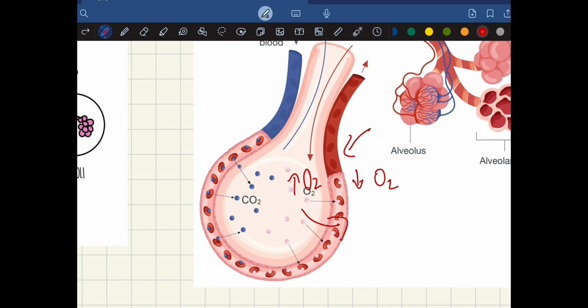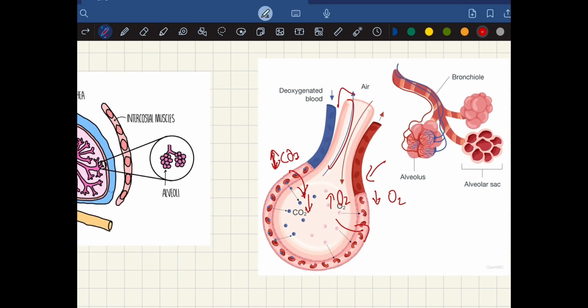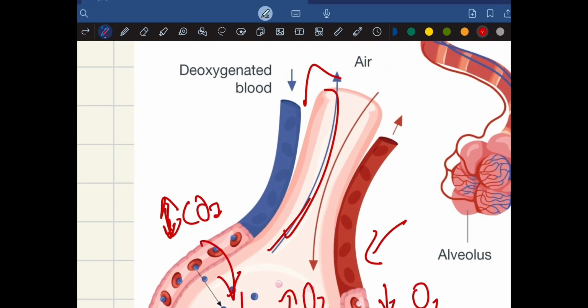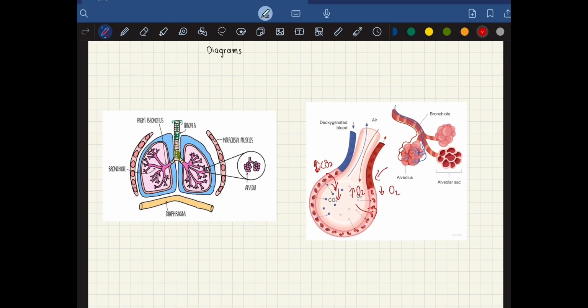And since you have a high concentration of carbon dioxide over here and low over here, it's going to move over here, and it will be transported to your lungs. It will be transported out of your body. You will exhale it from your lungs.